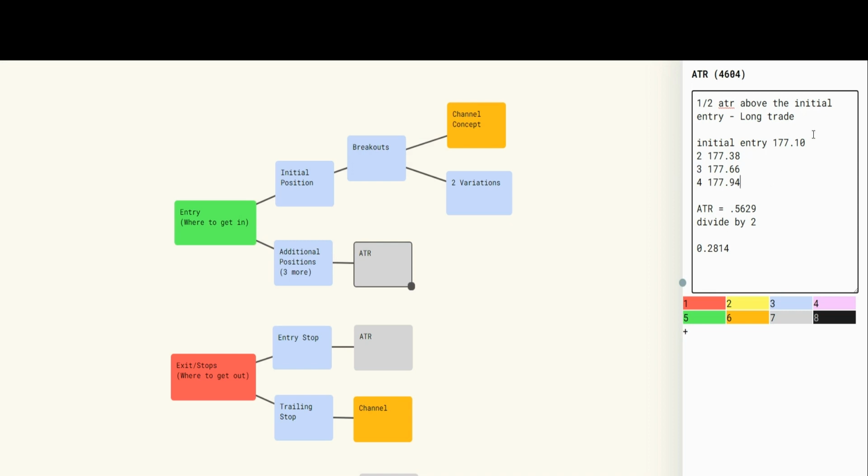So you see from the initial entry, this is how you calculate the 3 additional positions using the ATR, which is the half ATR value. And that covers your entry. Next we'll go on to where to place your stops and how to move them.